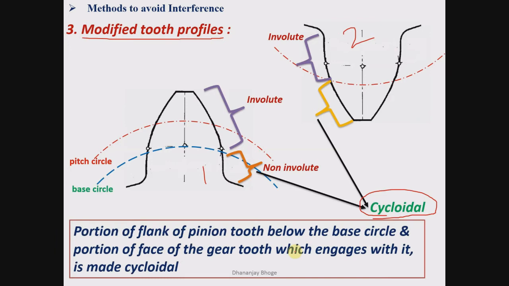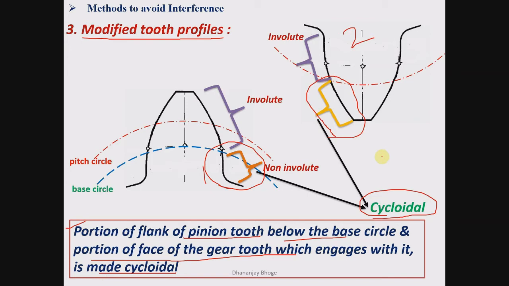So here we have written last time that portion of flank of pinion tooth, that means this portion below the base circle, and the portion of face of the gear tooth that engages with it, that means this portion of the engaging tooth, are made cycloidal. And in case of cycloidal profiles there is no problem of interference.